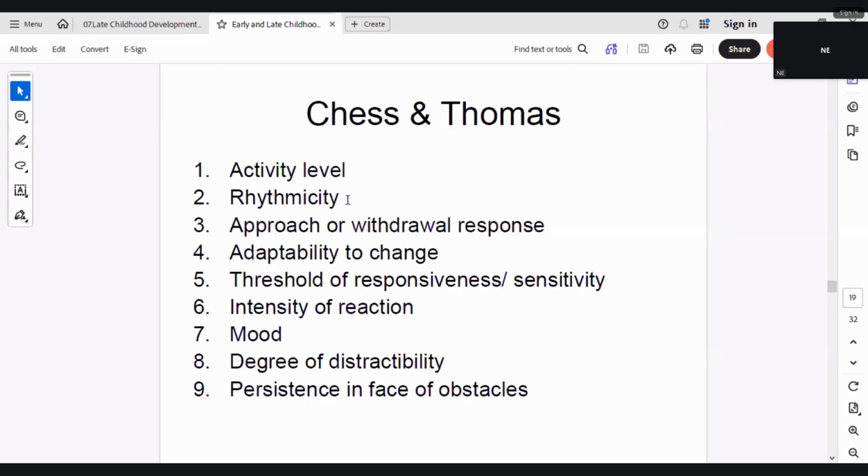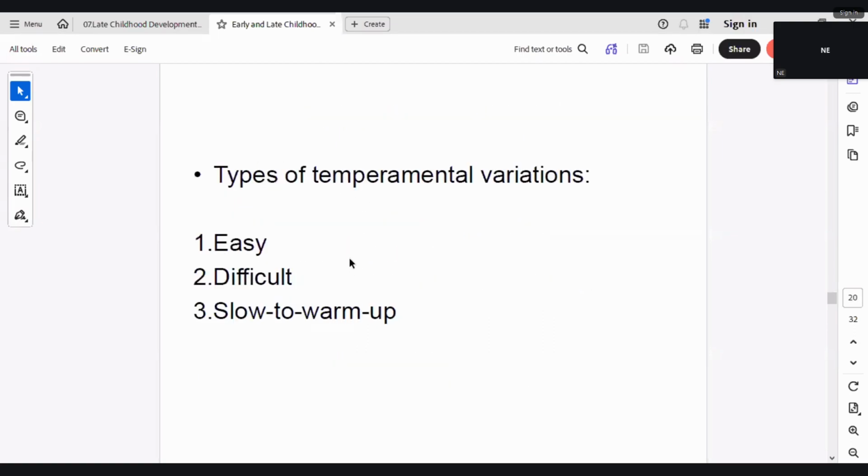An example would be, if a child is given a puzzle or blocks, are they able to not be distracted and follow through despite obstacles, meaning they're not sure how to fit it or how to finish it. You could get a child who initially tries, but gives up or gets distracted and doesn't follow through.